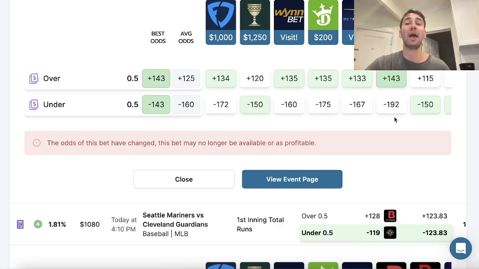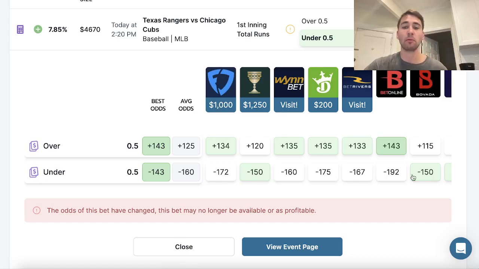If all the sharp action and all the syndicates, right, and the sports betting hedge funds, if they all come in and they start hammering the NRFI, these lines are going to move from minus 172 to minus 180 to minus 190, right? Sportsbooks move around odds due to supply and demand. If all the action is coming in on the under, then they move lines in favor of the under, right?